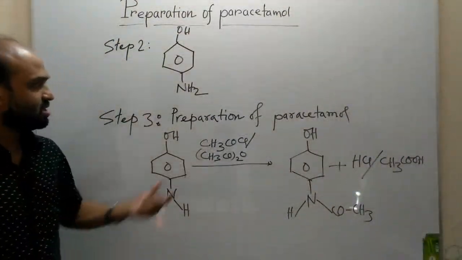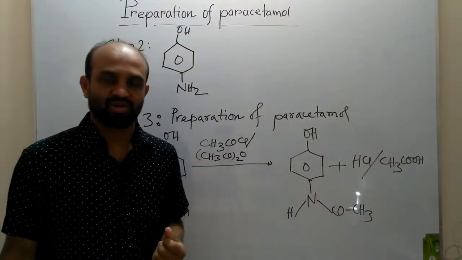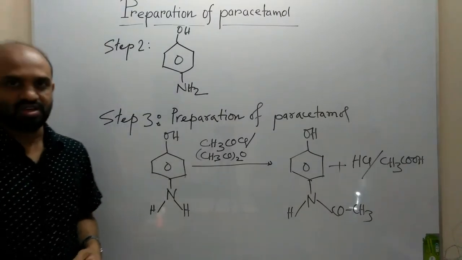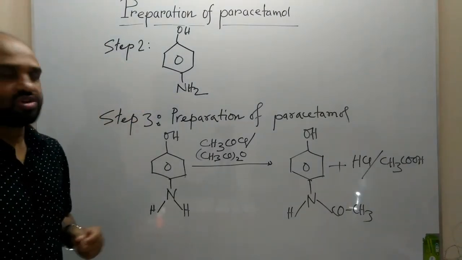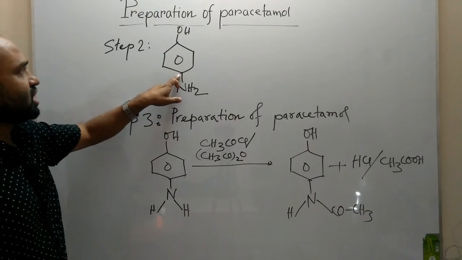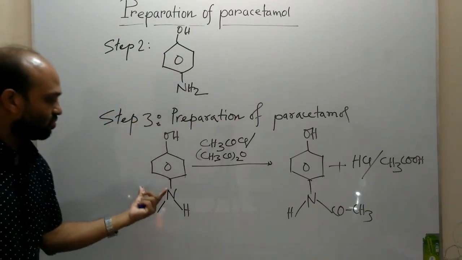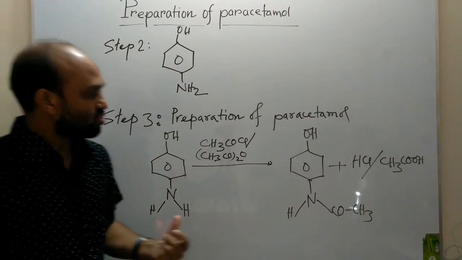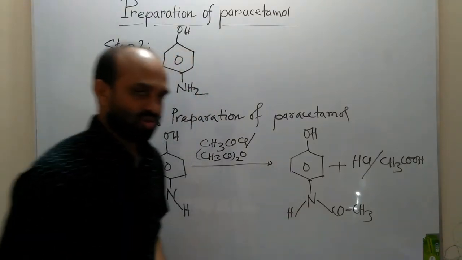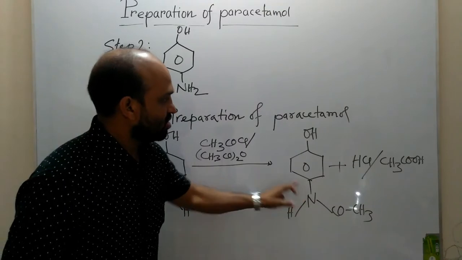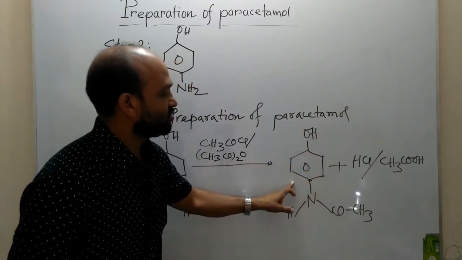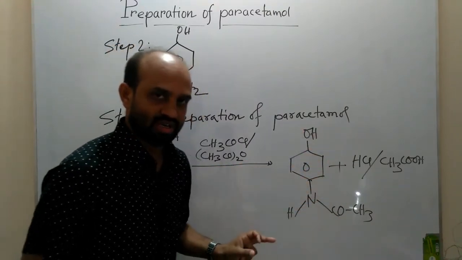Step 3 is preparation of paracetamol. That is final step. From step 2 we got 4 aminophenol, and in step 3 from 4 aminophenol we will get paracetamol, that is N4-hydroxyphenyl acetamide.